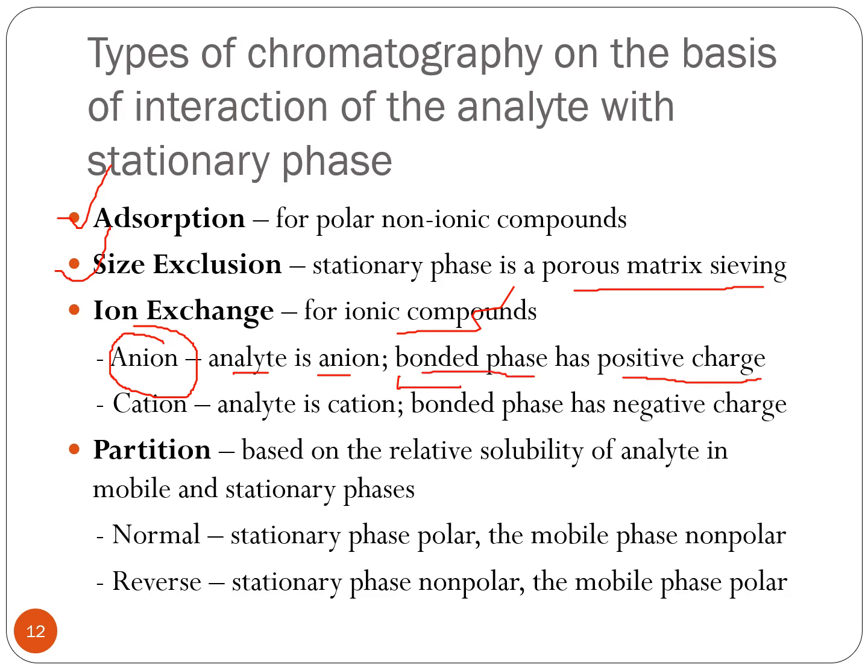Bonded phase ni adalah stationary phase. Okay, anion ni negative charge kan. So untuk dia punya stationary phase kenalah yang ada positive charge, and it is sebaliknya lah, in contrast for the cation ion exchange. Okay, sampel kita cation positively charged, manakala the stationary phase adalah ada negative charge.